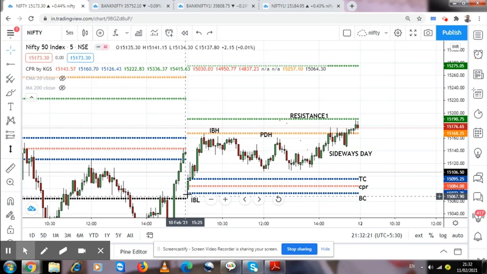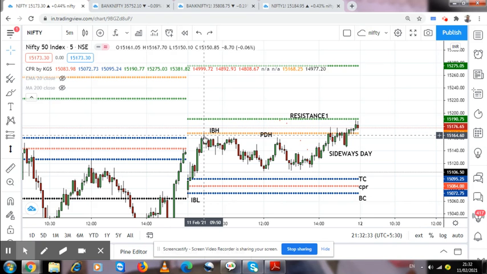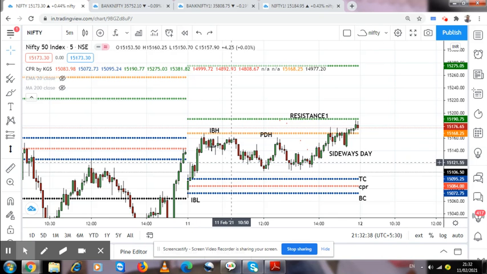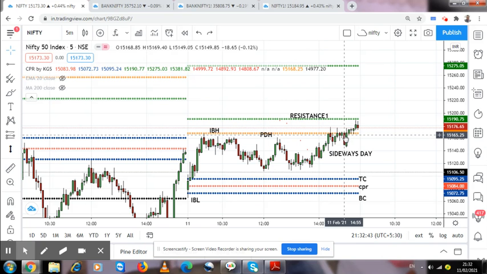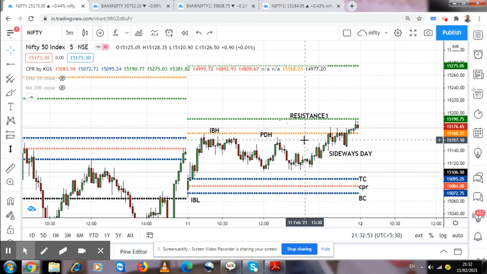And you can see when the price moved from this central pivot range, without any bearish interruption, it touched the initial balance high, and thereafter you can see the sideways trading from 9:50 till almost 3 p.m. in the afternoon. The price traded in the range between the previous day high and this top central pivot.